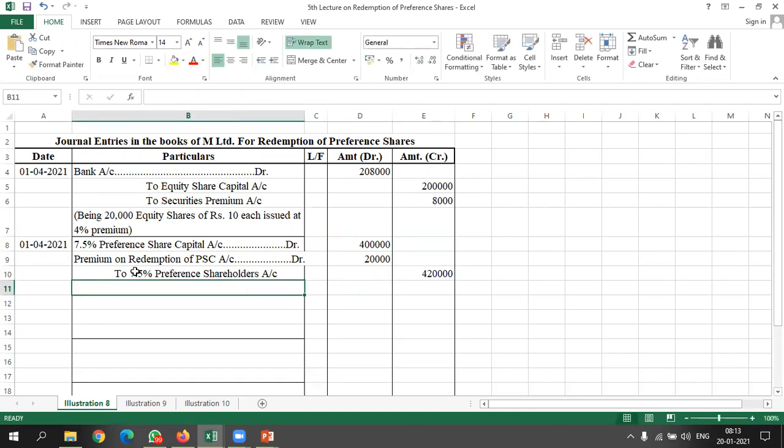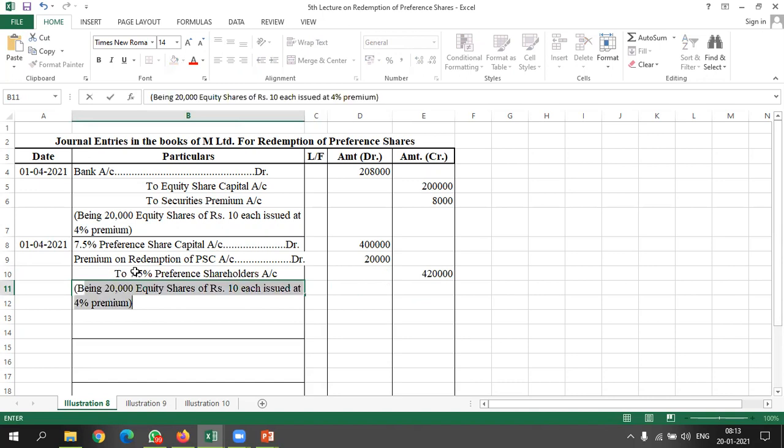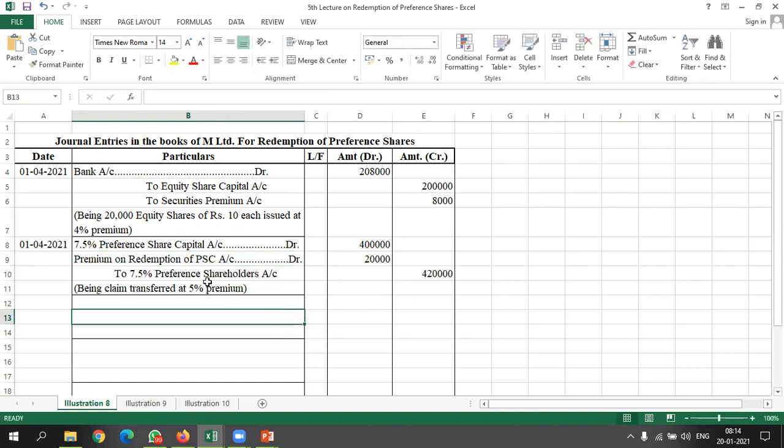Okay, and the narration will be: being claim transferred at 5% premium. Okay. Once we have transferred the claim at 5% premium, immediately we will pass an entry of providing the premium.